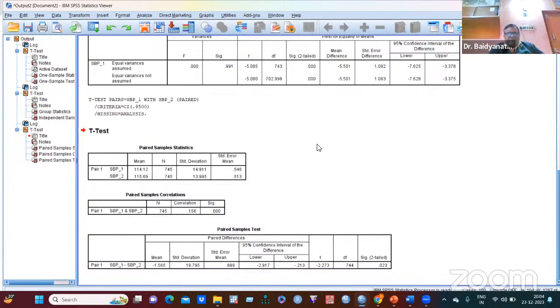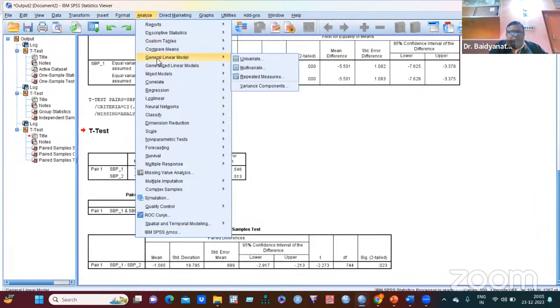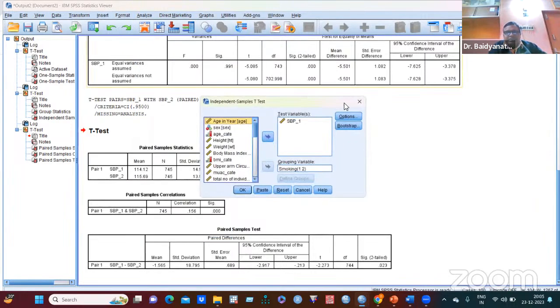This is the paired t-test. So we apply one sample t-test, independent t-test, and this is called paired t-test. Now I go to the independent t-test. Here, analyze, independent sample t-test. Suppose here there is only smoking status, group 2, yes or no, a binary response.